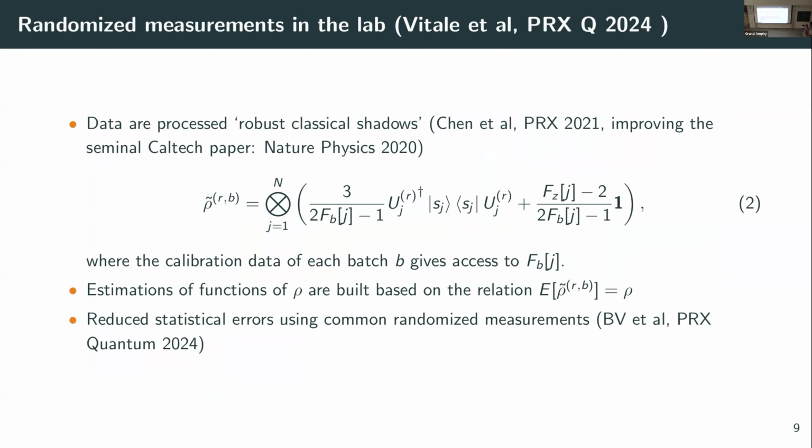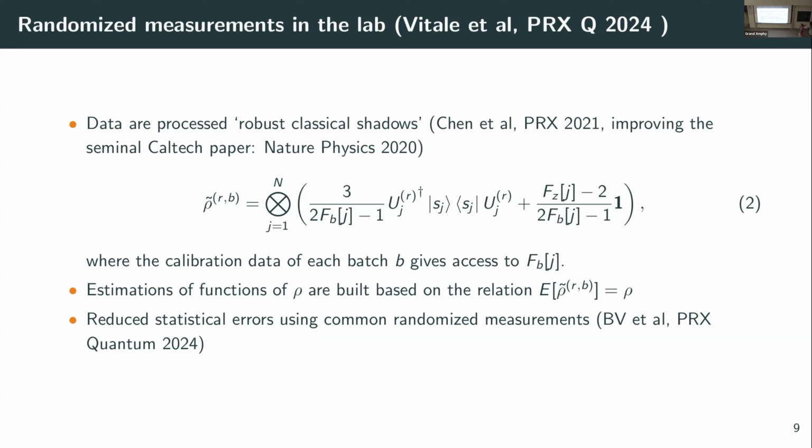The nice way to analyze this data, now I focus on the post-processing, is called classical shadows. You may have heard about it. The idea is to take my measured states, these are bit strings S, take the unitaries that I applied, take the calibration parameters that I measured in the first step, and build an object which is a classical shadow. It has a nice tensor product structure. And the key equality is this one: the expectation value of the classical shadow is equal to the density matrix.